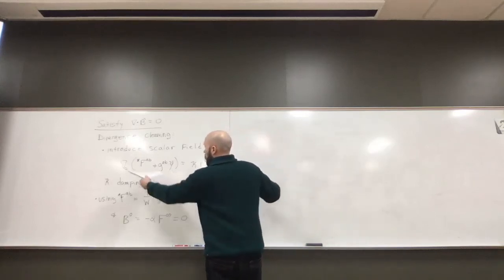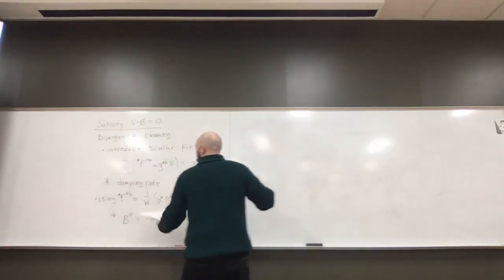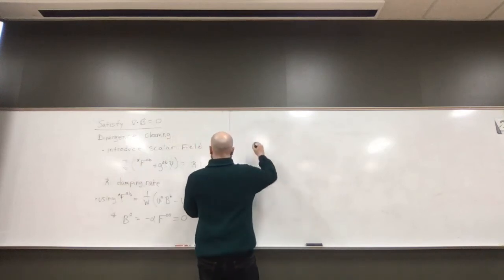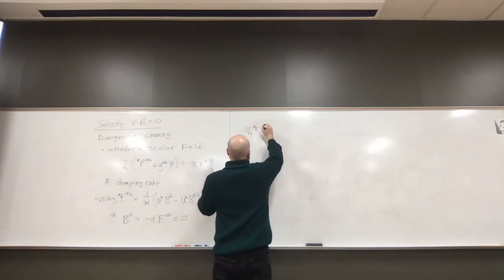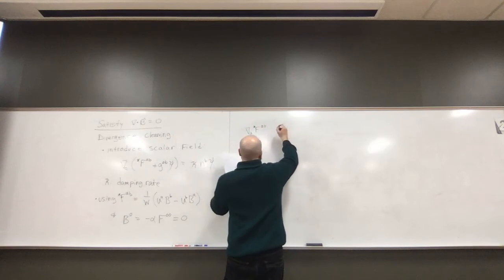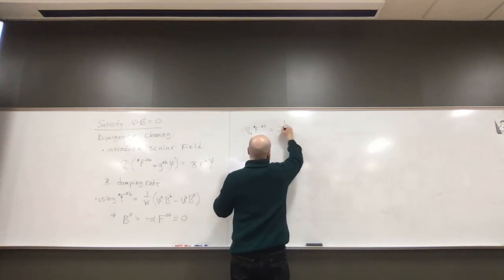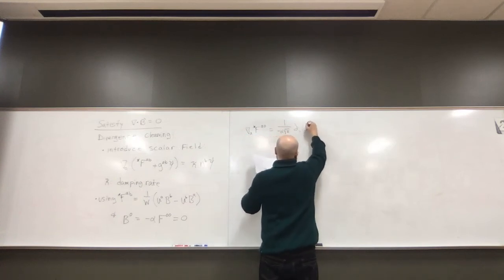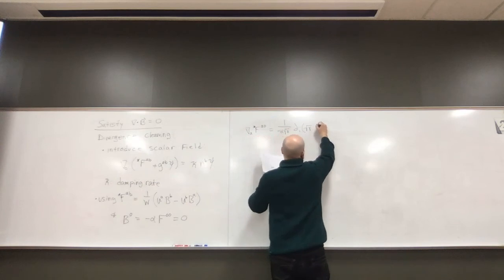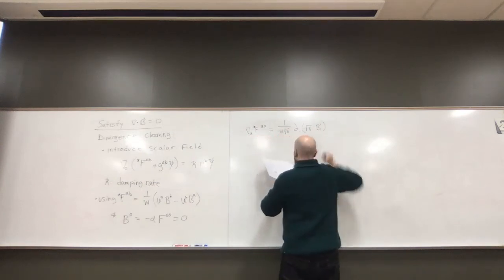So the first term on the left-hand side here with these definitions becomes grad_A of F star^{A0} is equal to 1 over minus alpha square root gamma d_i square root gamma B^i non-script.